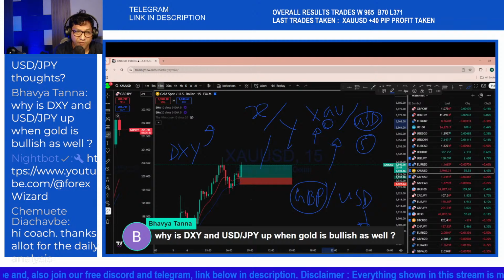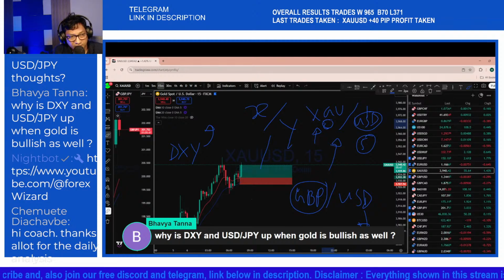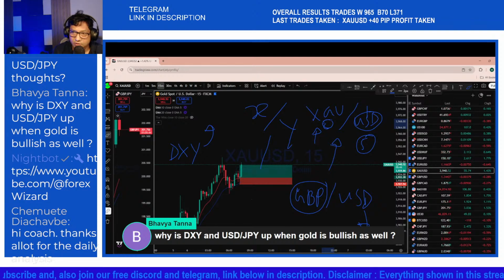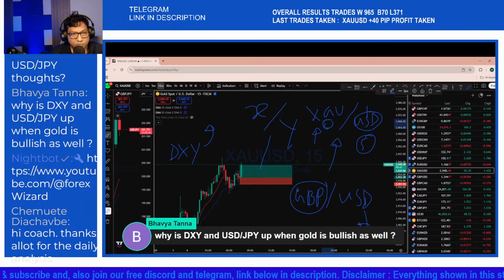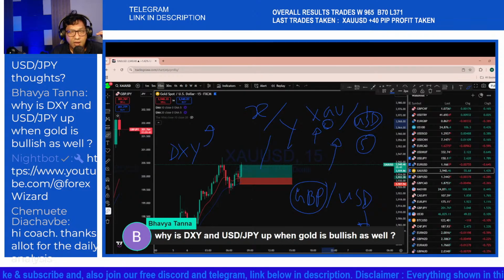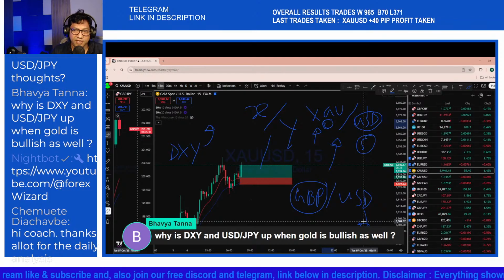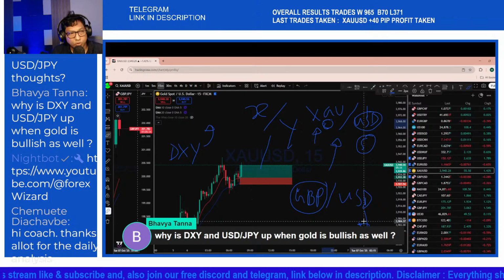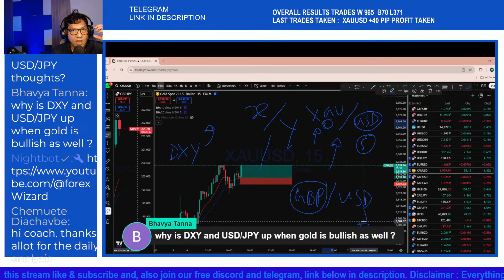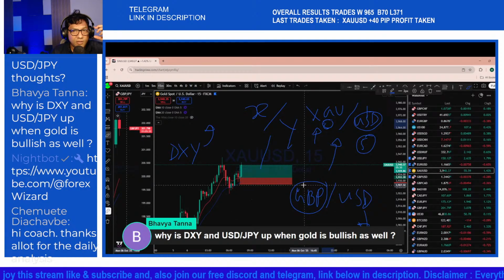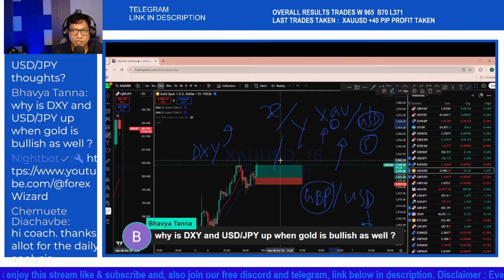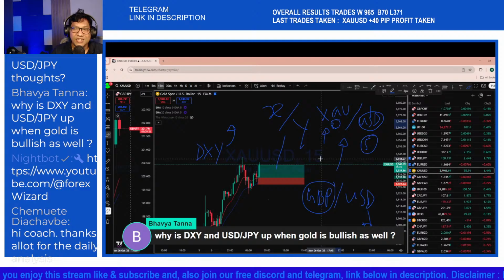That's why you see the NFP coming up later this week. There is significant job data coming, and other uncertainty that is impacting both of these instruments. That's the simplest way to know, and that's why gold always trades as an independent entity.